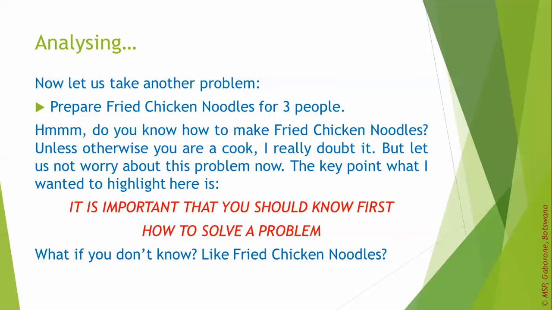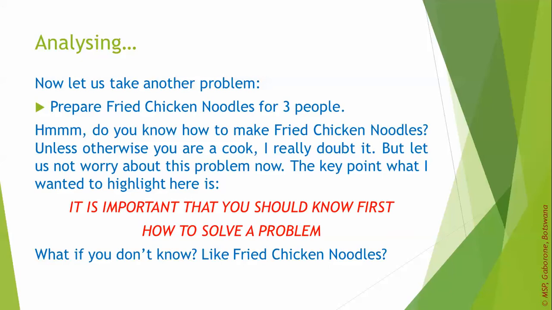Now let us take another problem. Prepare fried chicken noodles for 3 people. Do you know how to make fried chicken noodles? Unless otherwise you are a cook, I really doubt it. But let's not worry about this problem now. The key point I wanted to highlight here is that it is important that you should know first how to solve your problem. What if you don't know?